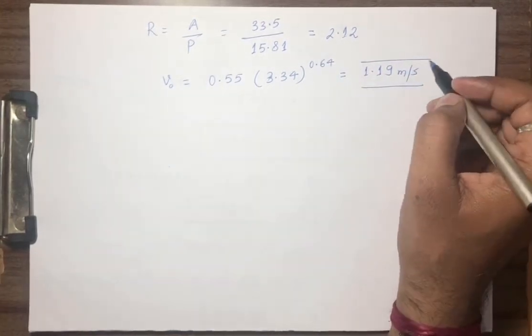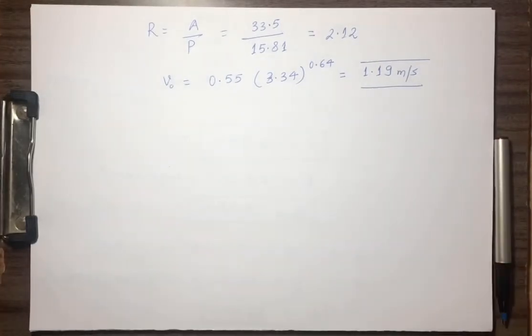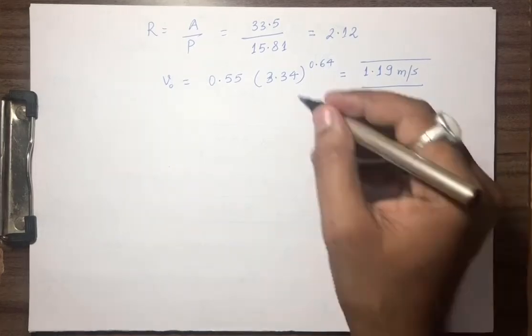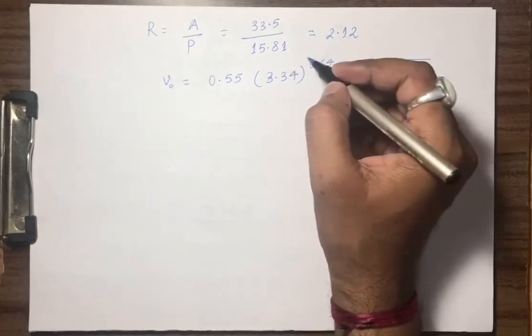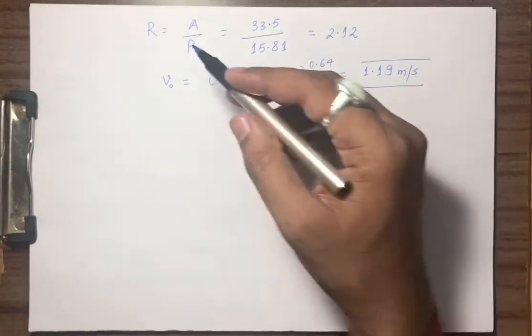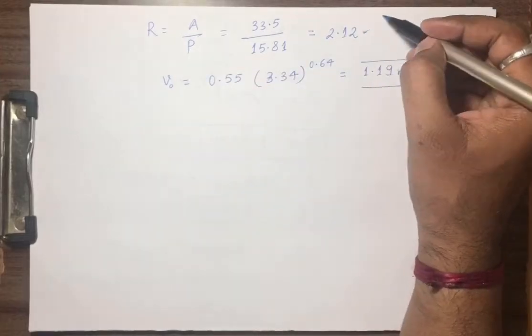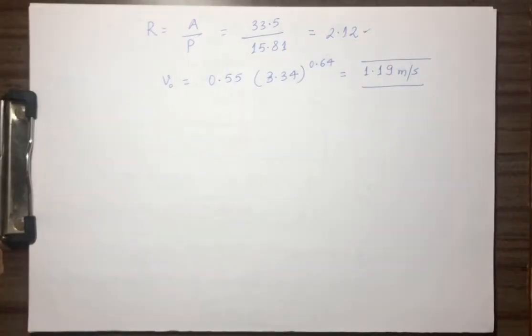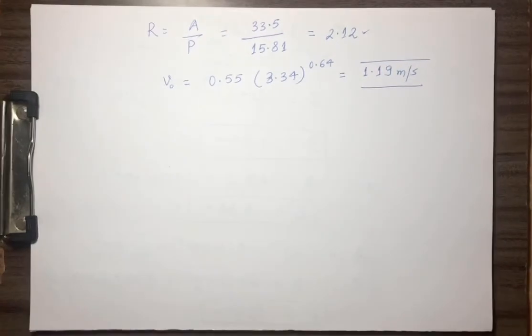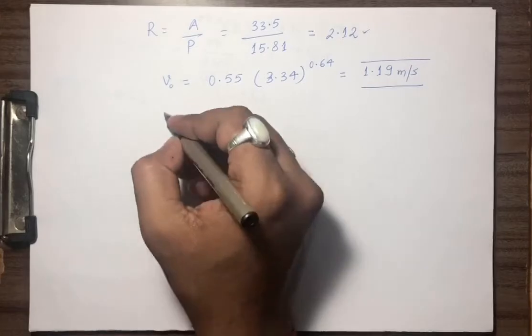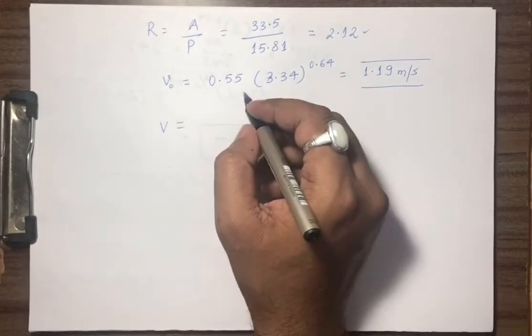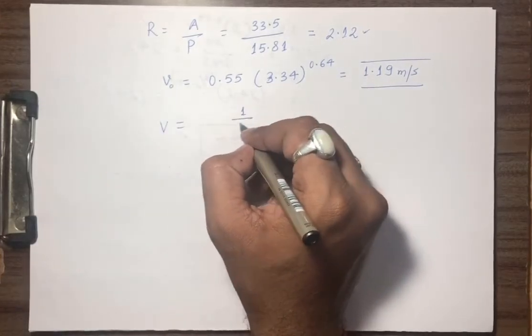So we have to check for slope, and for slope we have to check for this r. What we can do is first write the actual velocity v with the help of Kutter's formula.